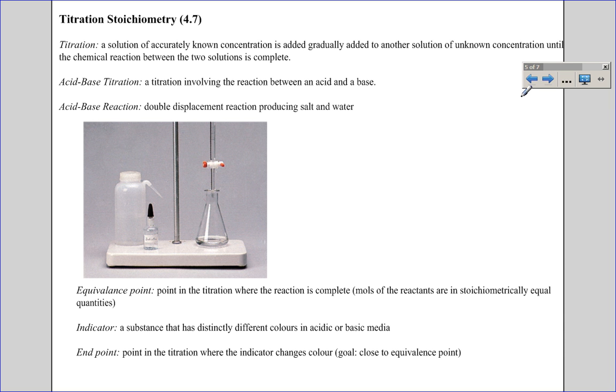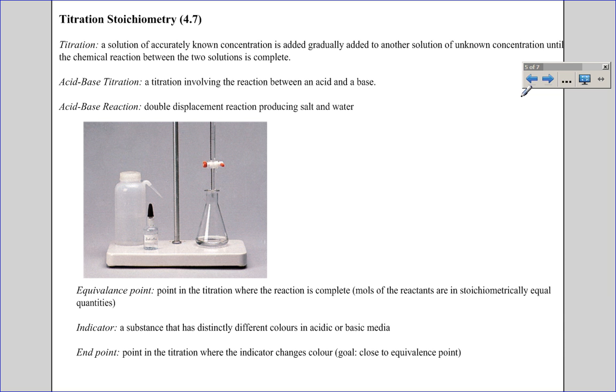And what we're going to do is talk about another technique in chemistry that is called titration. Titrations are a technique that are used to determine the concentration of an unknown solution. The way that you do a titration is you have a solution of known concentration, and you react it with a solution of unknown concentration until you know that you have exactly the proper amounts of both reactants in your flask.